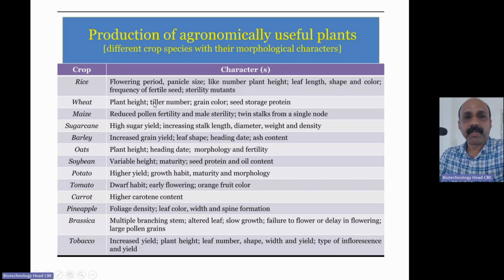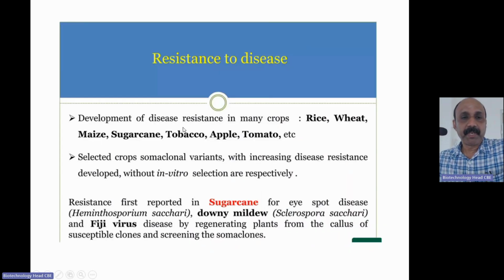So for rice, a reduction of flowering period, panicle size, sterility mutants; soybean; then tomato, dwarf habit; and carrot, higher carotene content; tobacco, increased yield, type of inflorescence. So these are all characters that have been selected specifically in many of those crop lines.